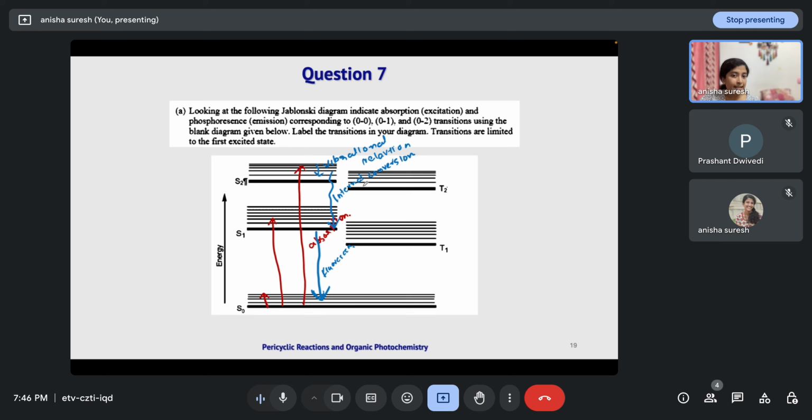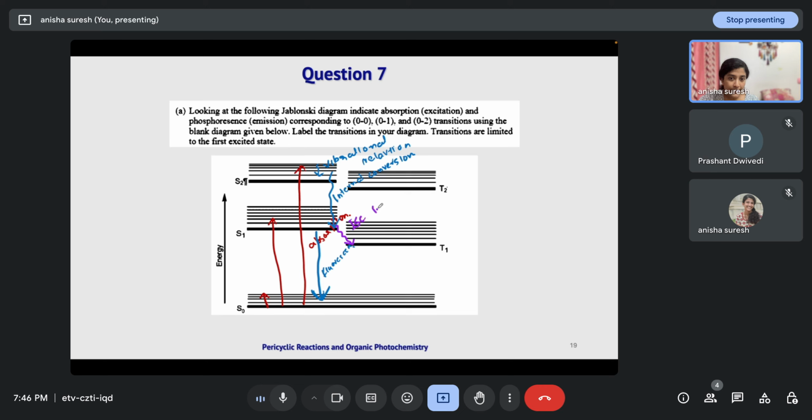These vibrational relaxation and internal conversion are non-radiative processes. So this is fluorescence. Now for phosphorescence to take place, first intersystem crossing should take place. That is from S1 to T1, the energy should be transferred. So this is intersystem crossing.